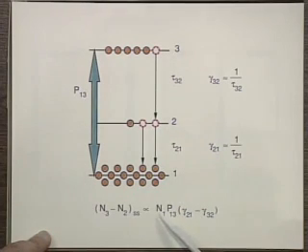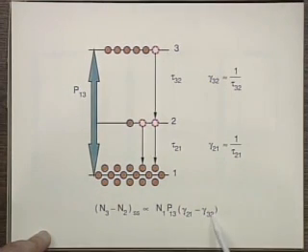The rest is constants, like N1, the number in the lower level, plus the power in the pump, and so on. But basically the key thing is that this relaxation rate is bigger than this one. If not, then essentially you get a pulse laser.